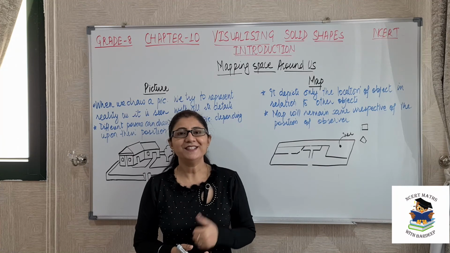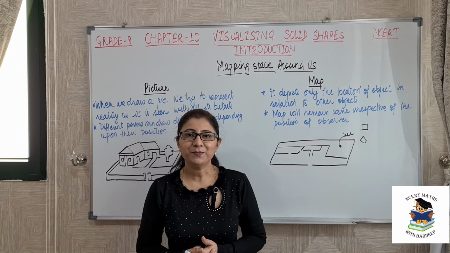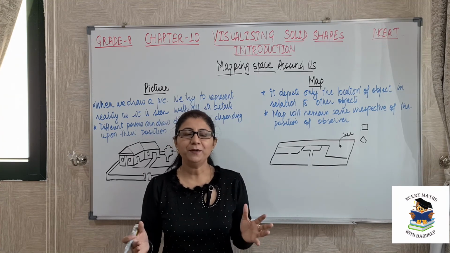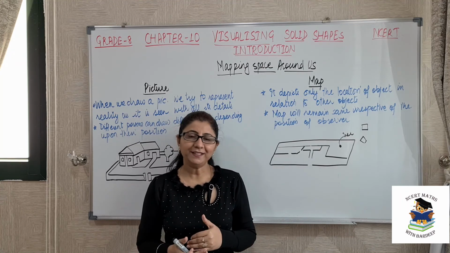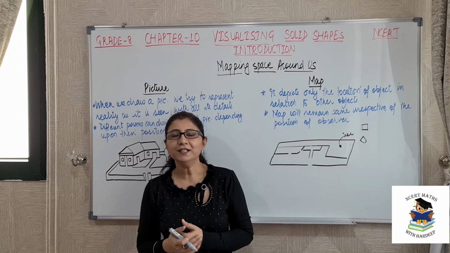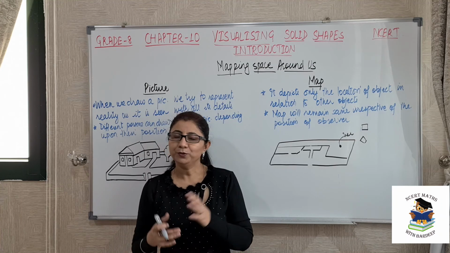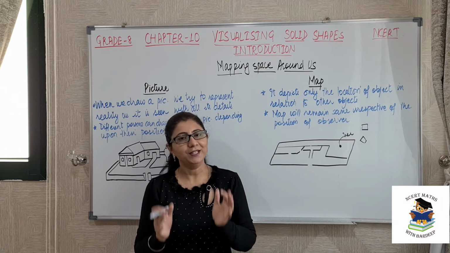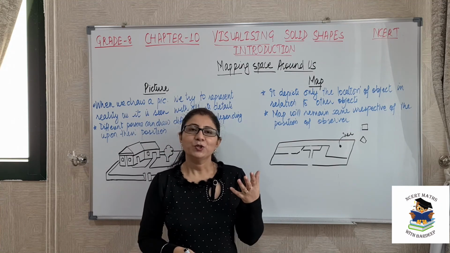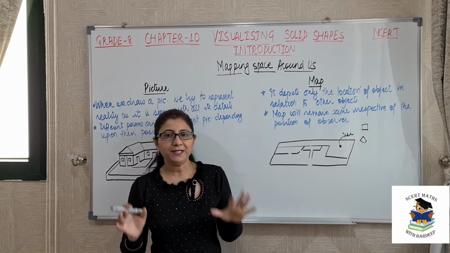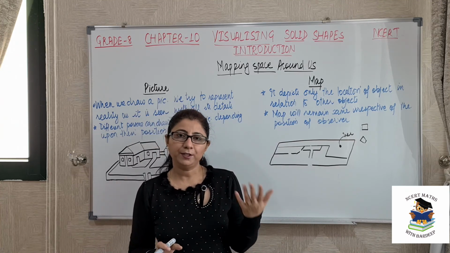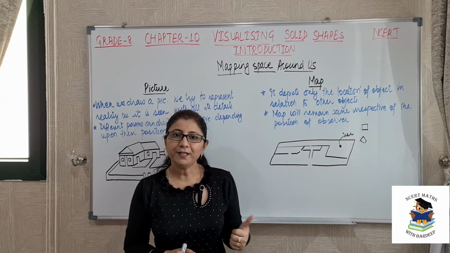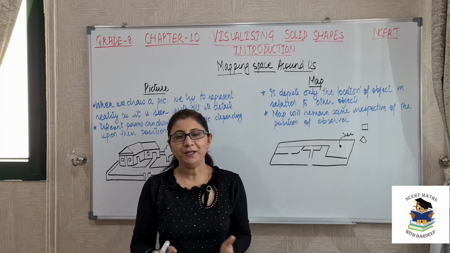And the fourth one is that there is no reference or perspective in the map, that is, a map is independent of your perspective, whether it is seen from the front side, the top view or the side view, whatever it is, a map is always independent. So I hope now it is clear what the basic difference between a map and a picture is, and what points you should always consider while making a map.